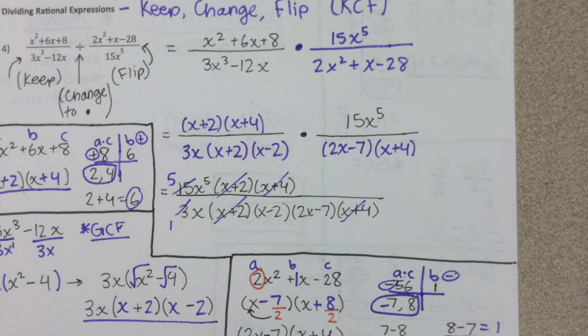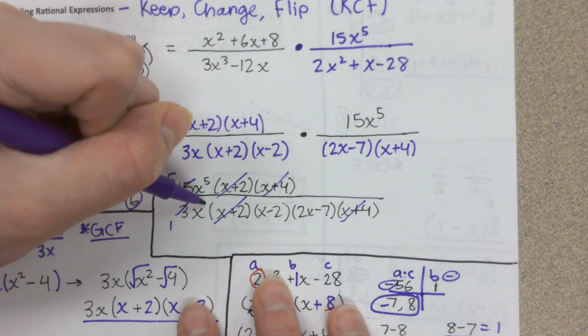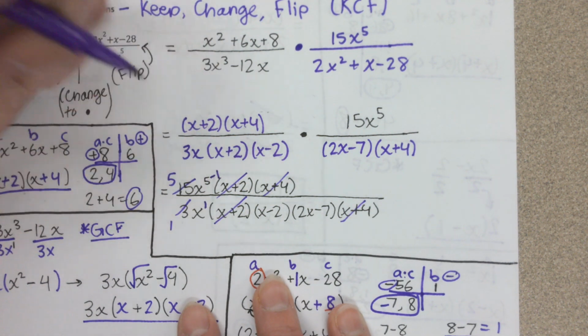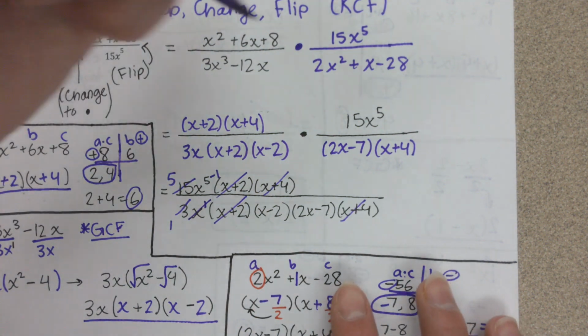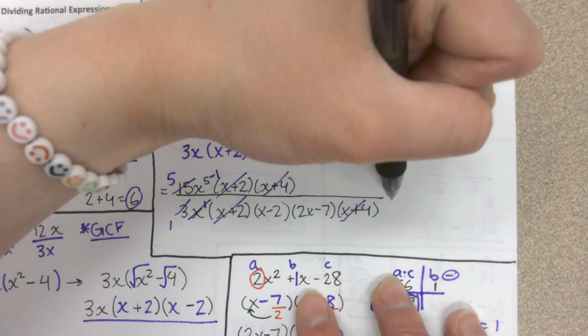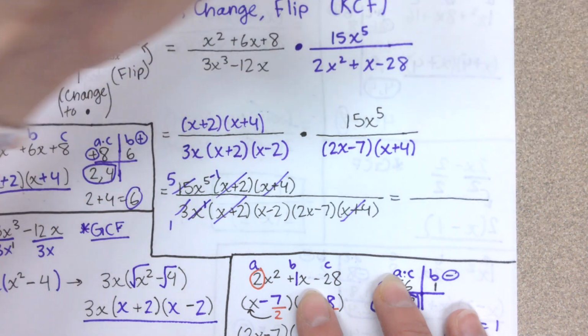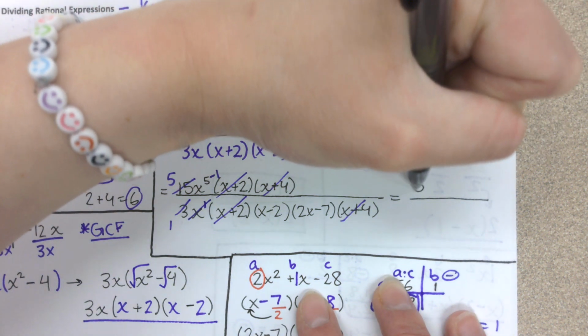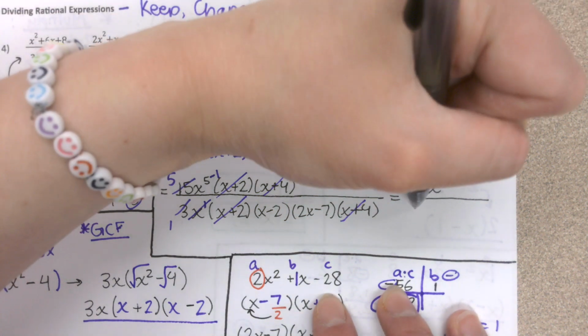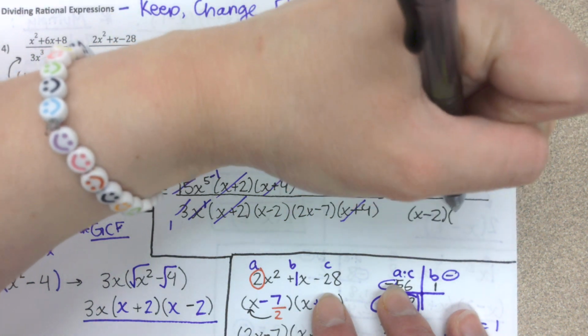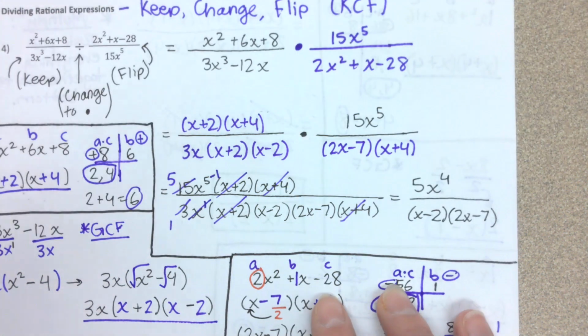Again, they're their own thing. We have x to the first, so we have 5 minus 1 on the top, and the x to the first cancels. I'll write my answer, and then we'll be finished. We have 5x to the 4th on top. And then we have x minus 2, 2x minus 7 on bottom.